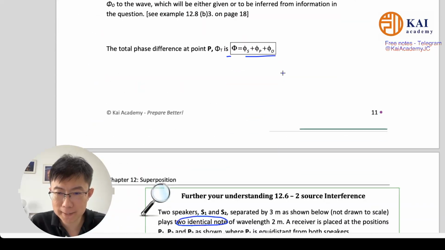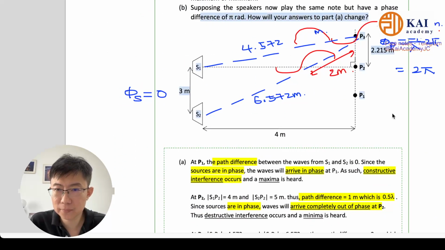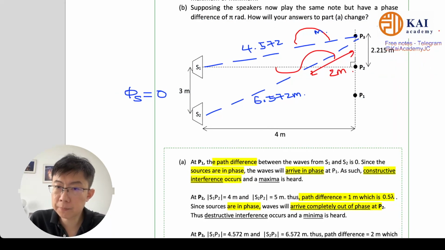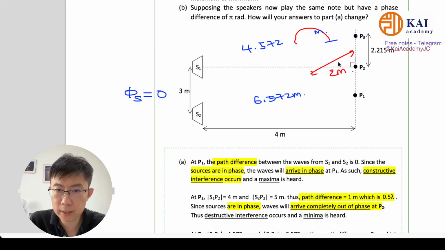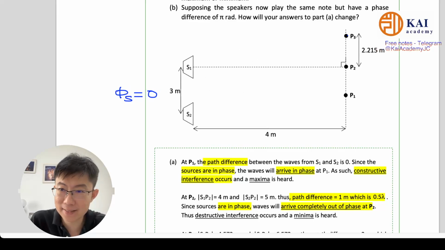What do I mean by that? In order to understand what I mean by the properties of the resultant wave, we have to first recap a bit of concepts in terms of amplitude as well as intensity.